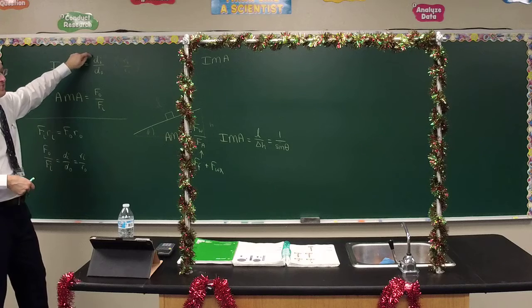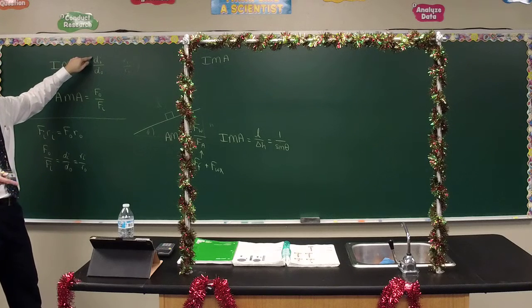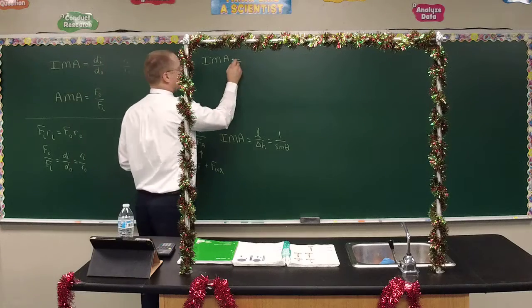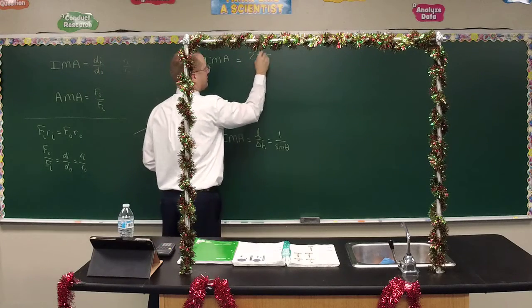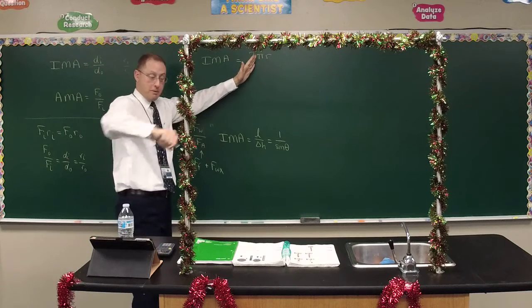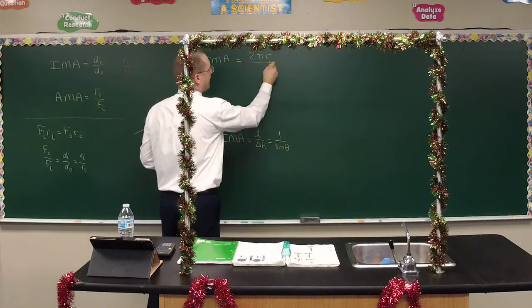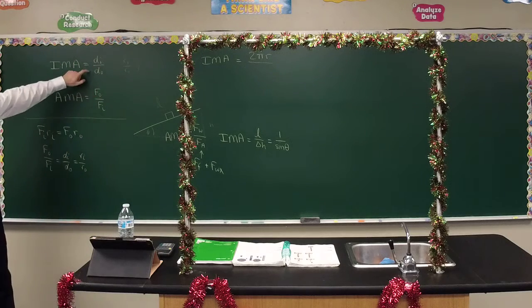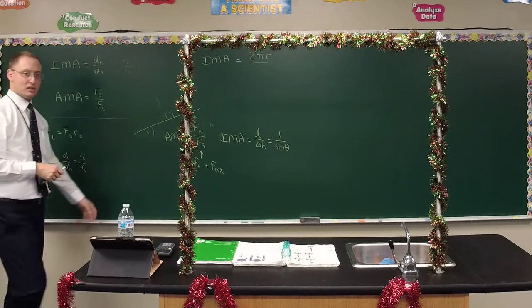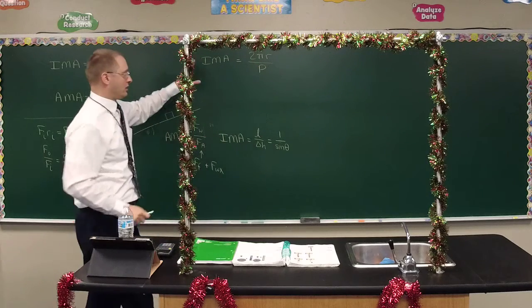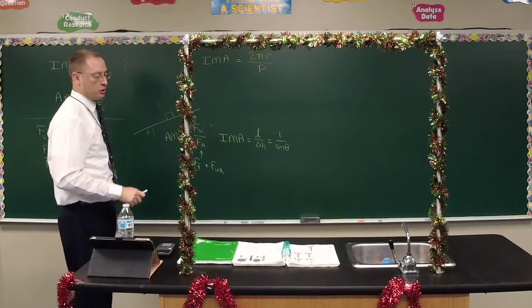So the input distance is a complete turn of the handle. How can we show a complete turn of the handle? 2 pi r is going to be the circumference of some circle, where r is simply the radius of the circle you're making with your hand. Assuming your hand is at the end of the handle, the length of the handle would be the radius. And then the output distance for the screw jack is the pitch for every one turn of the handle. So there was what we talked about with the screw.